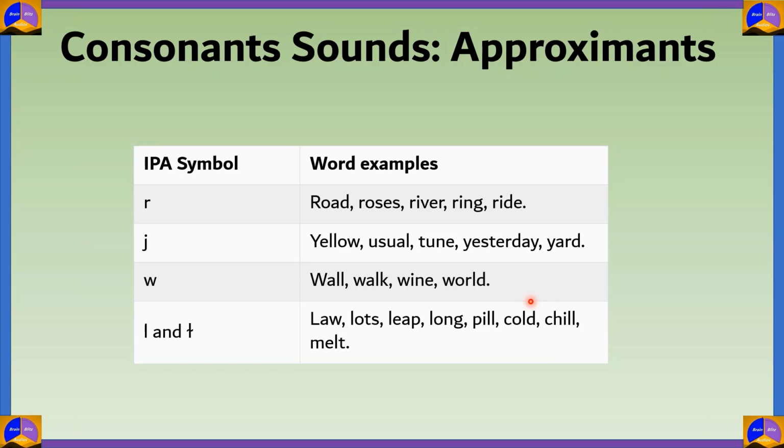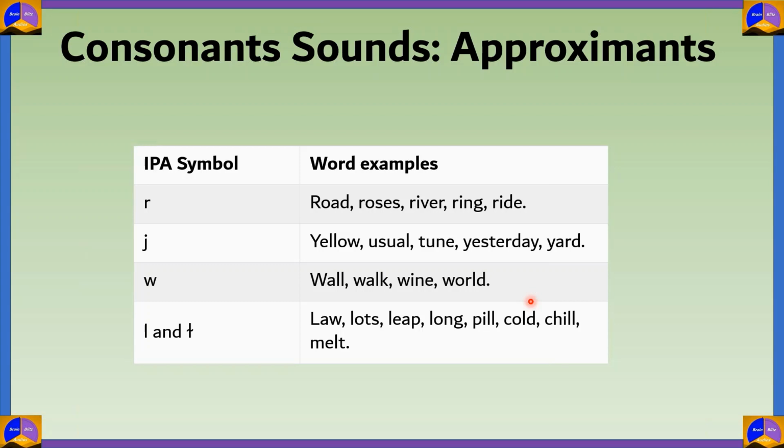And in vowels, the mouth is completely open and the sound from the vocal cords comes out. In approximants, the mouth is partially closed. However, there is passage of linear air and not turbulent air.